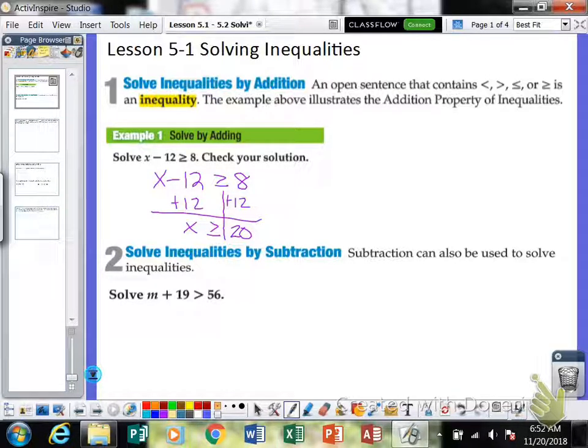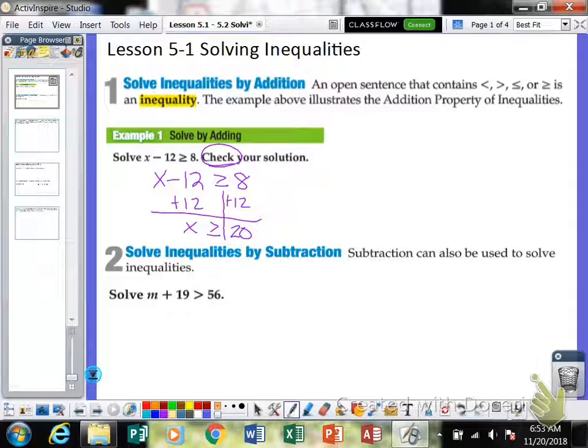Now, you really should check your solution. When we had an equation, x equals 20, we would substitute 20 in. But because it's an inequality, I need to make sure that my symbol is correct, that the number is truly greater than 20. So I don't want to use 20 because it's equal to it. I want to use a number greater than 20. So let's say 21.